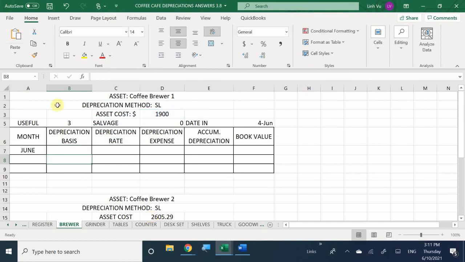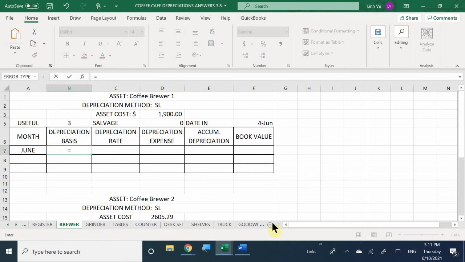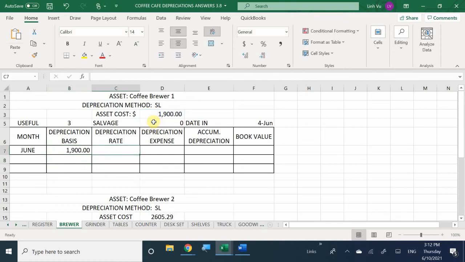The 1900. Good. What's the formula? Cost of assets minus salvage. Right. So 1900 minus 0 is going to give you 1900.